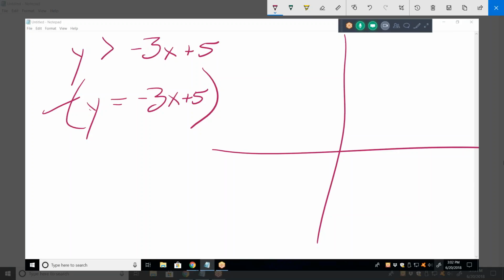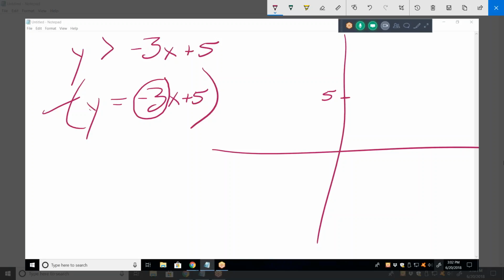So I would start at the origin. However, then I would move up 5. Start at the y-intercept. That's the y-intercept, plus 5. Okay, so plus 5. Apply the slope. What's that slope mean? Negative 3 over 1. So rise negative 3 and then run 1.